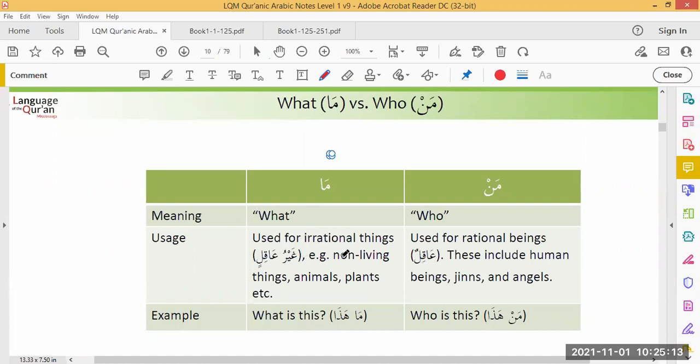What are the irrational things? Non-living things, animals, plants. So when we use it for irrational things, we say ma haza. Ma haza means what is this?